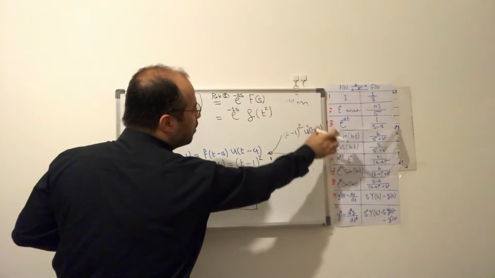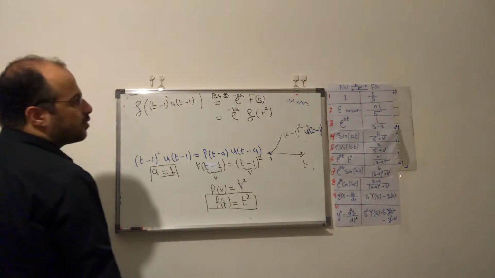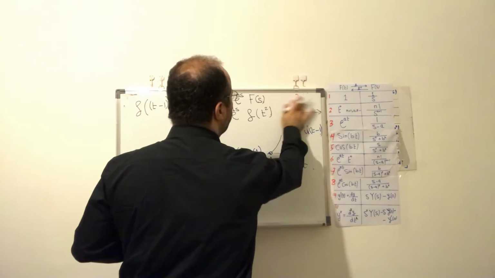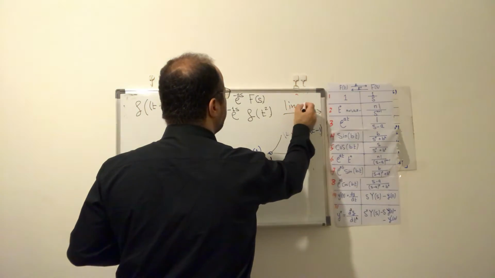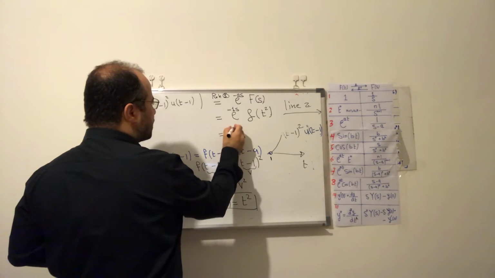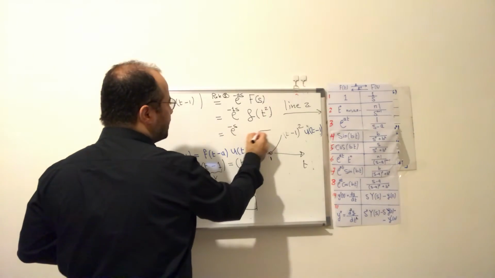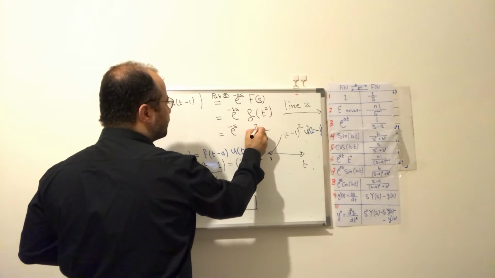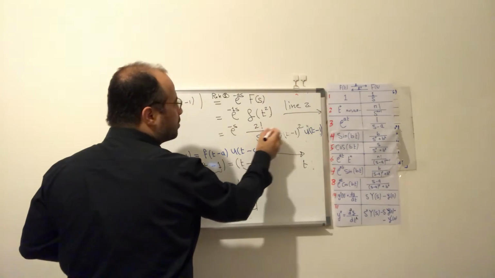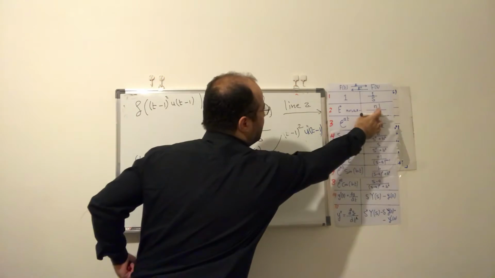Now you need to go back to table 7.1 and compare this with line number 2. In that table, it will be e to the minus s, and this thing will be 2 factorial divided by s to the power n plus 1.